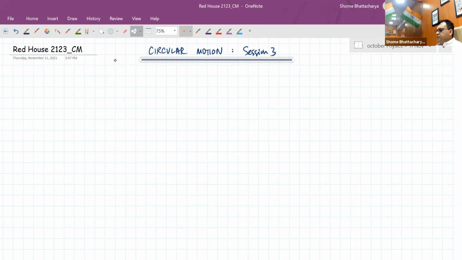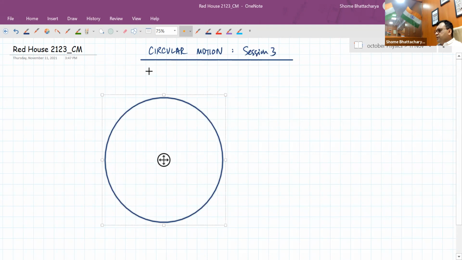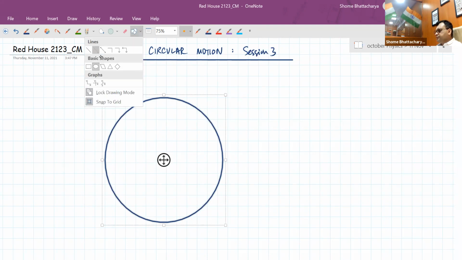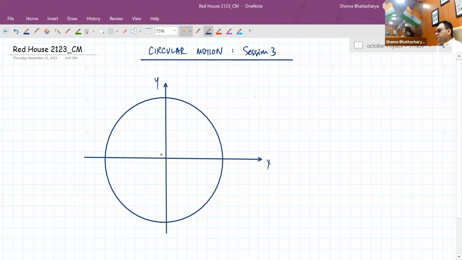Let's begin by understanding the radial and tangential unit vectors once again first. During a circular motion, at any point of time, the instantaneous position vector of the particle doing the circular motion is here, so its angular position is theta.